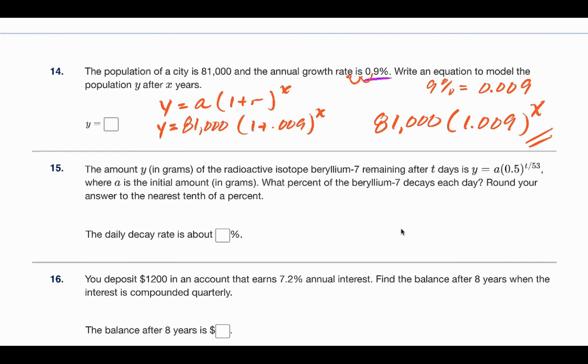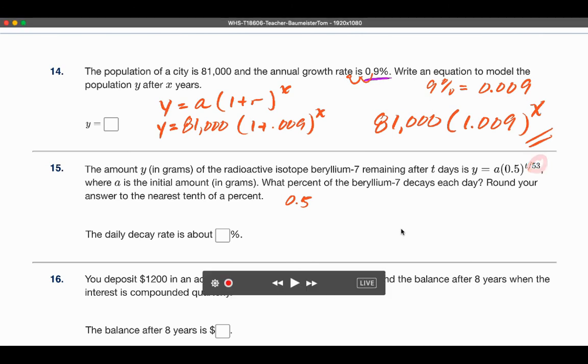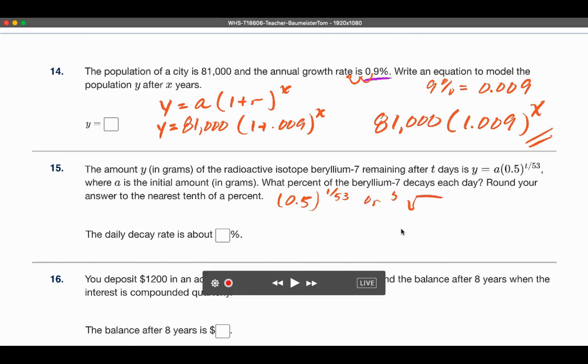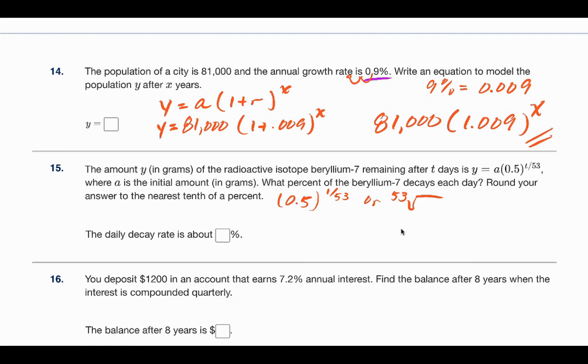So there's two ways we can do this. We can look at 0.5, and remember the 53 there, you can either write that as 0.5 raised to the 1 over 53, or you can realize that that is also the 53rd root of 0.5.